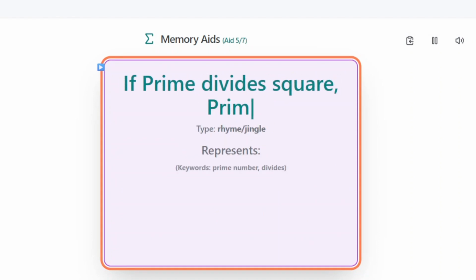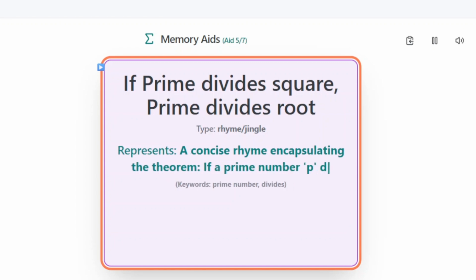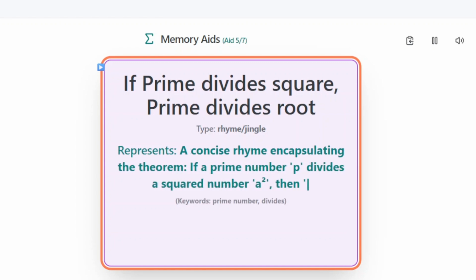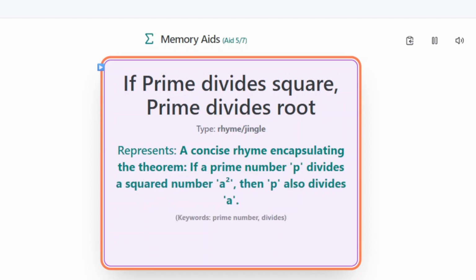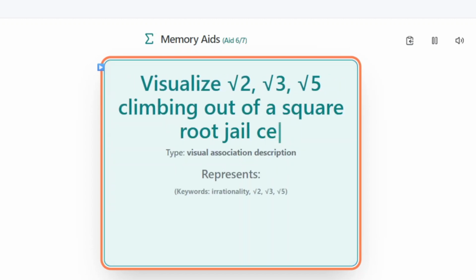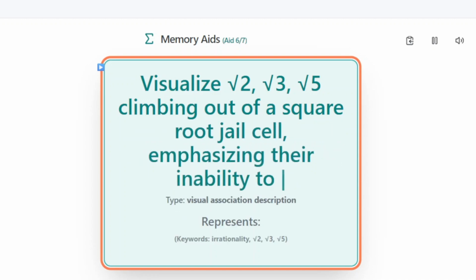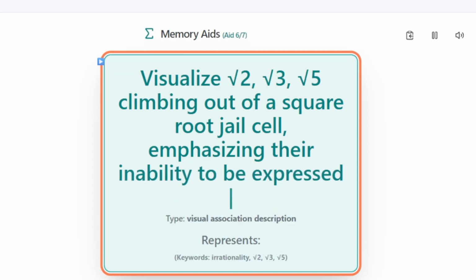If prime divides square, prime divides root. A concise rhyme encapsulating the theorem: if a prime number p divides a squared, then p also divides a. Visualize square root 2, square root 3, square root 5 climbing out of a square root jail cell, emphasizing their inability to be expressed as simple fractions.